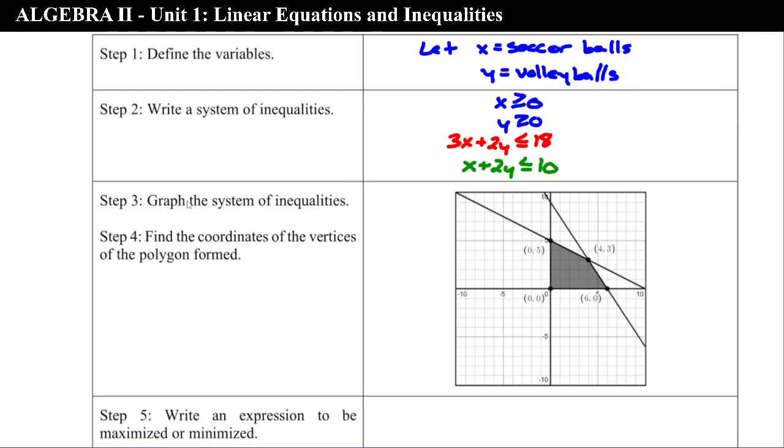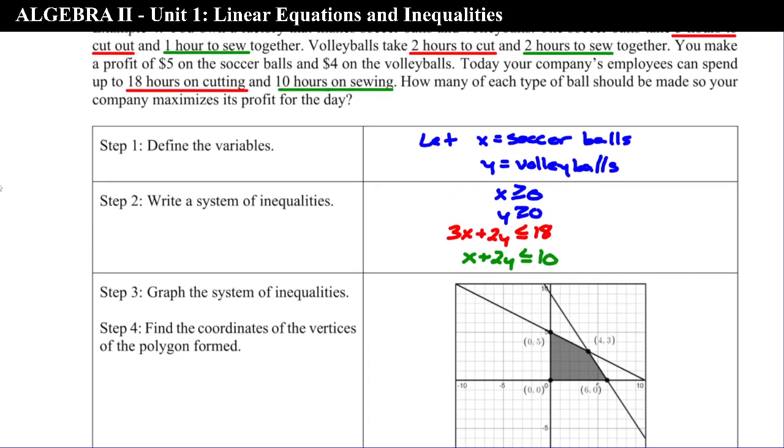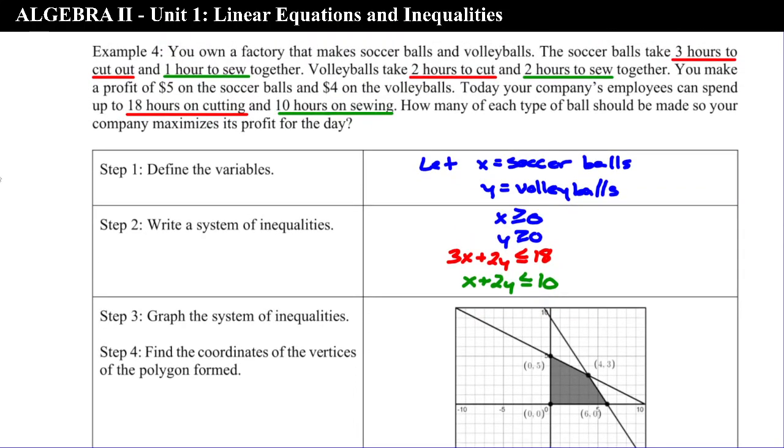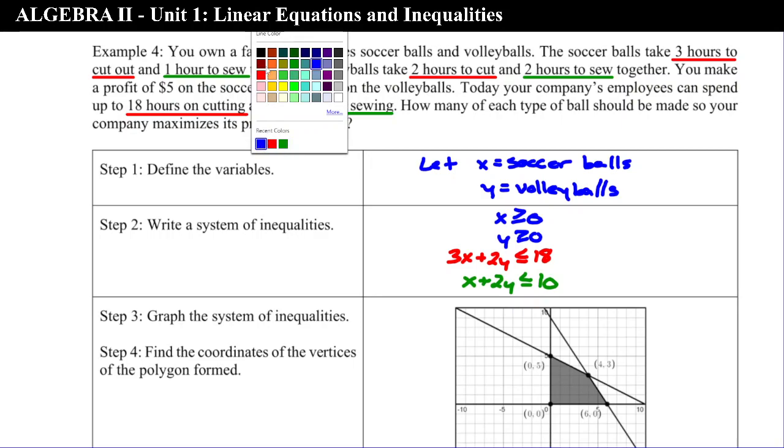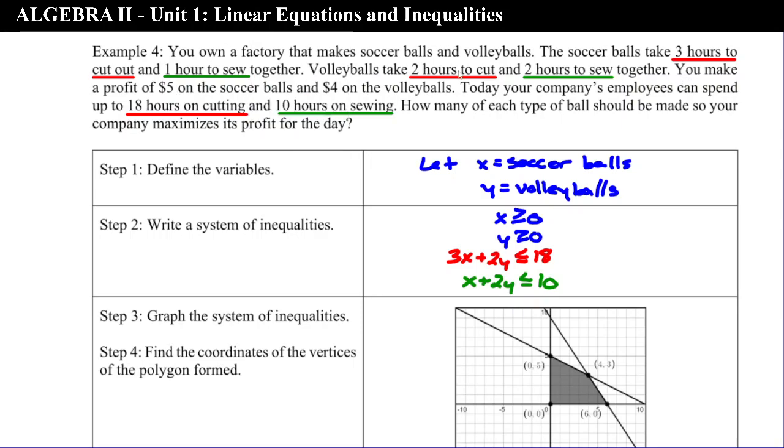Okay, so now that we have our coordinates, we need to plug into an objective function, but we don't have an objective function yet. So let's go back up to the example and let's find the last piece of information we need. And that last piece of information is going to be our objective function. Okay, so you make a profit of $5 on soccer balls and $4 on volleyballs.